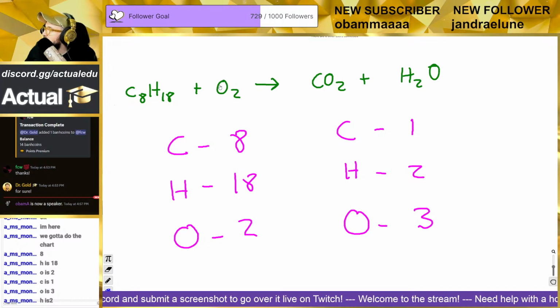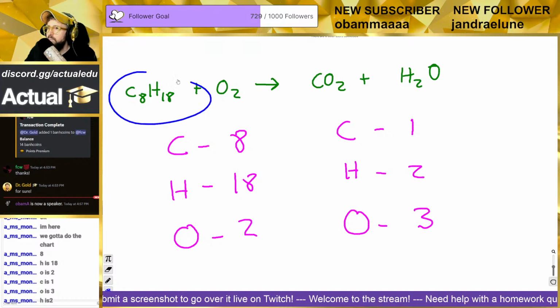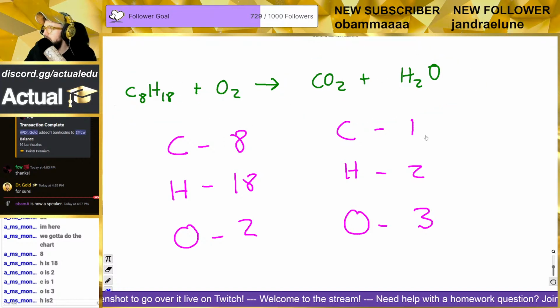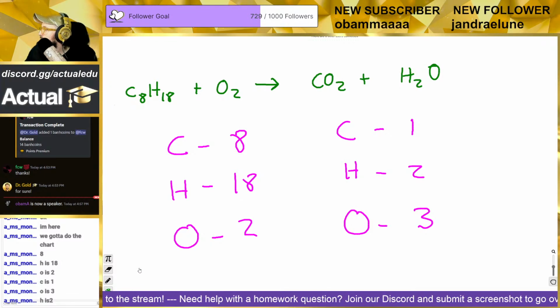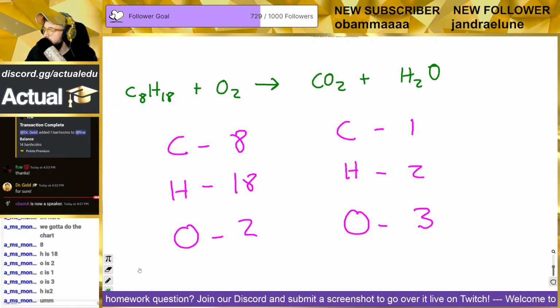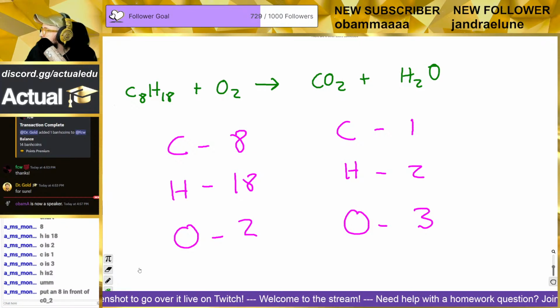So let's try to balance the carbons. I have 8 carbons over here. What do I need to do over here to get 8 carbons? He says, put an 8 in front of it.